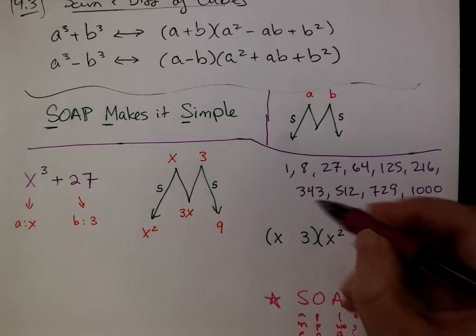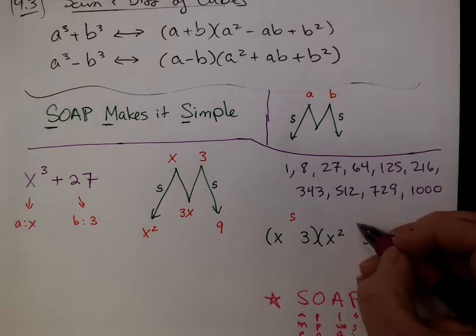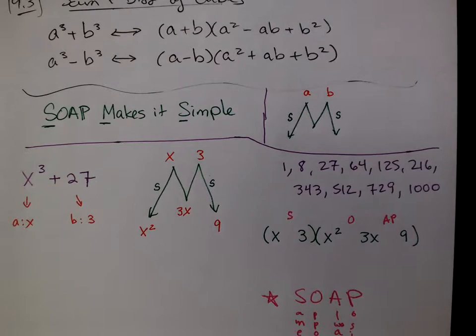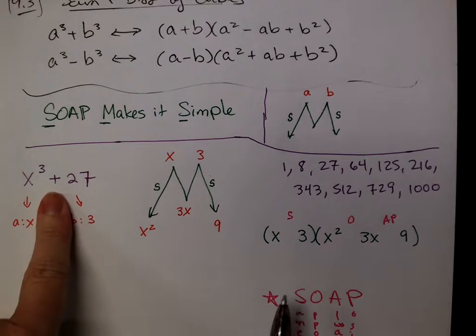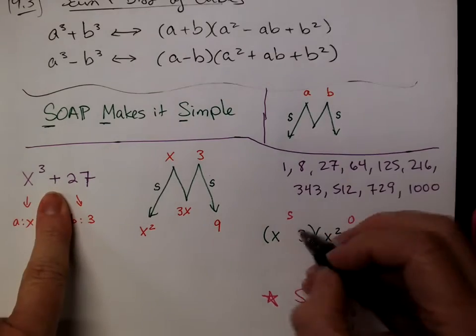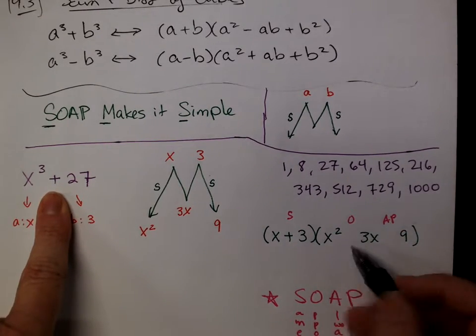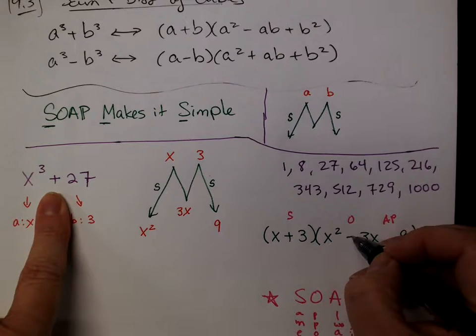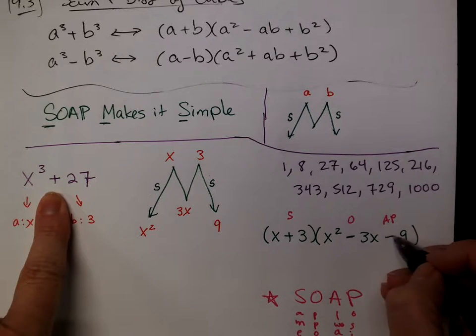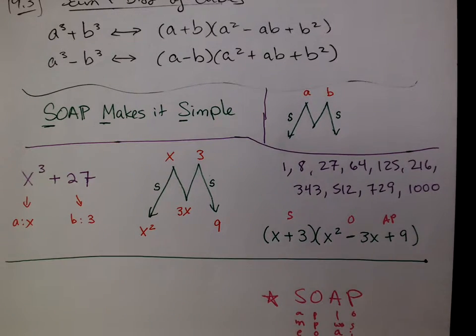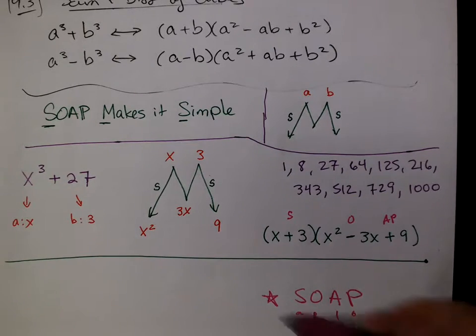So this is same, opposite, always positive. So, was this a plus or a minus? Plus. So, the binomial is the same, which makes this the opposite. And this one is always positive. It's so easy. Right?